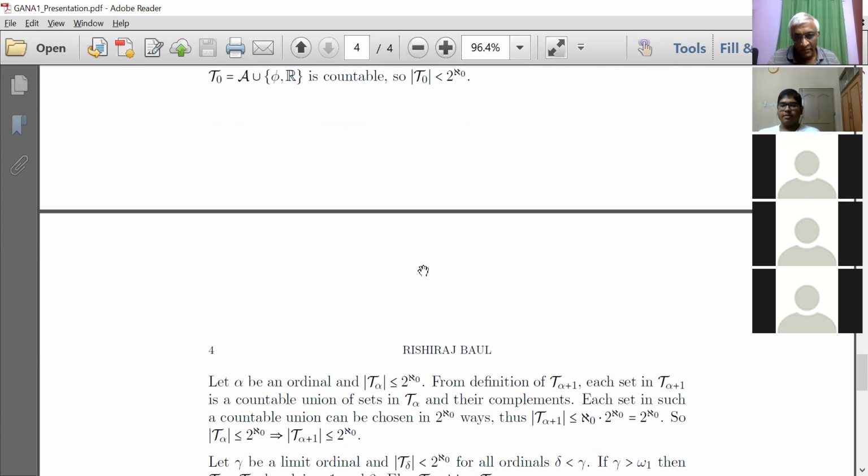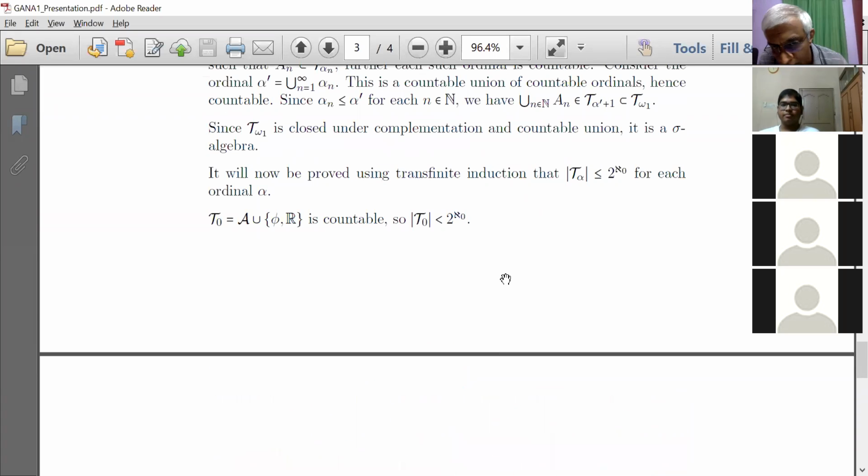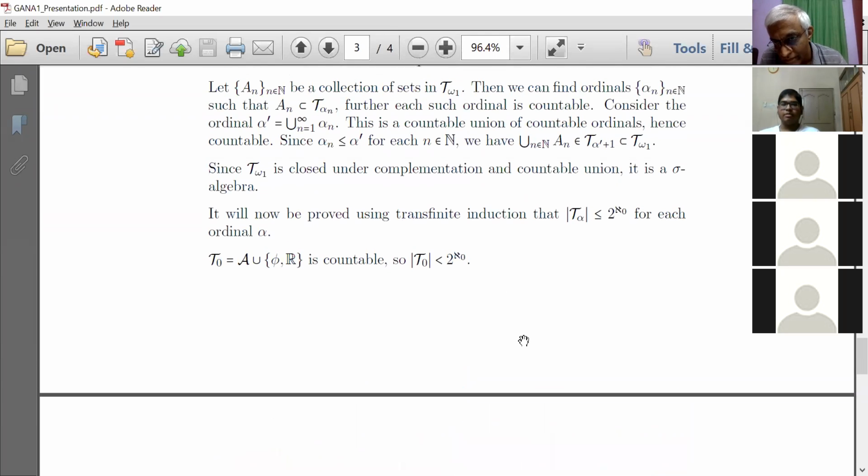One thing I doubt is what is the point of using transfinite induction, since all you are using is that T of omega is equal to sigma, so you can just use the natural numbers as the indexing set. The point of using transfinite induction is like here. If we were using, you could just define H to be the union of Ti, where i is in the integers, and then using the exact same method you can show that it is a sigma algebra.